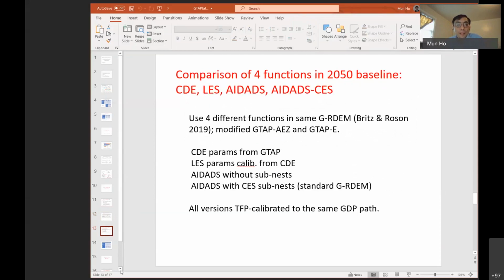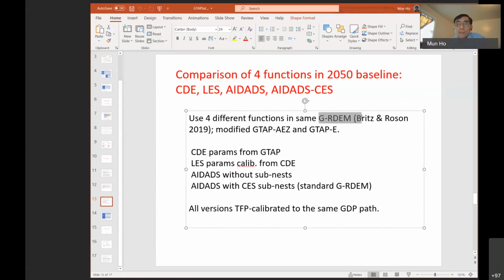Then the next major component of the paper is a comparison of different functional forms using a common CGE model. This is done by Britz and Roson using their GRDEM model. In their base model, they use an IDEX consumption function with CES subnets for energy and food.